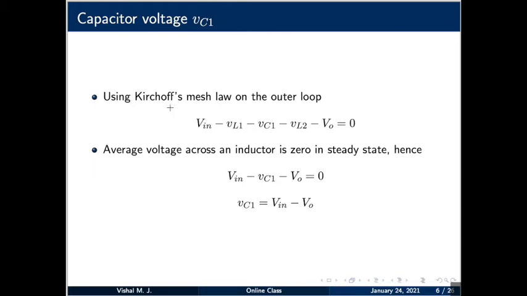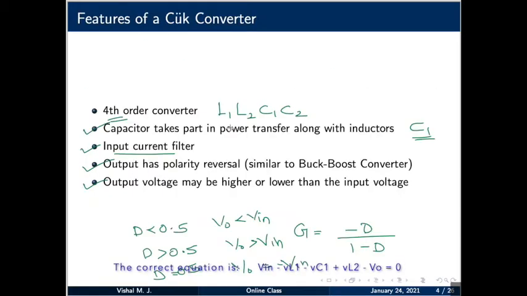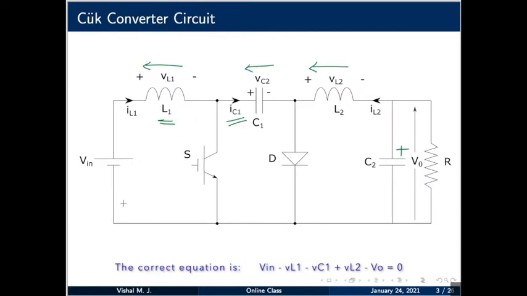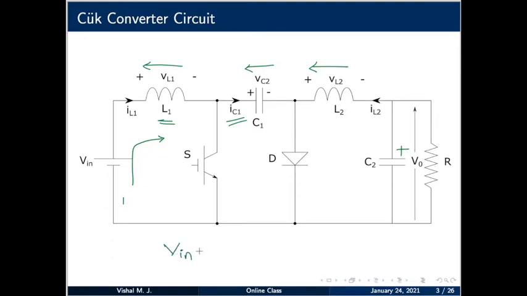So let us write Kirchhoff's mesh law on the outer loop. Let the current flow be like this. Now it is Vin minus, see the polarity of the voltage, minus VL1 minus, I am sorry, this is Vc1, I am really sorry for this mistake.